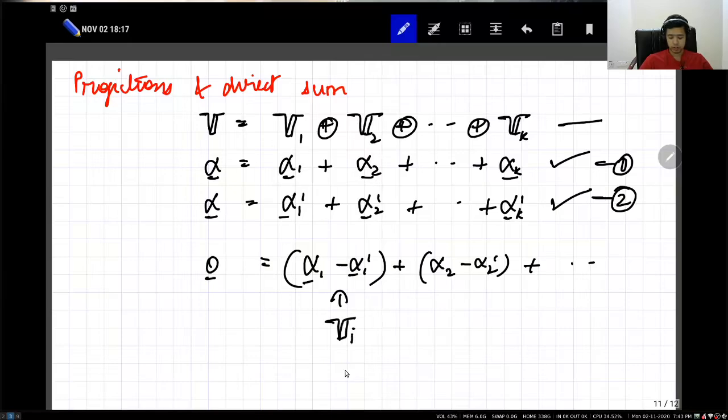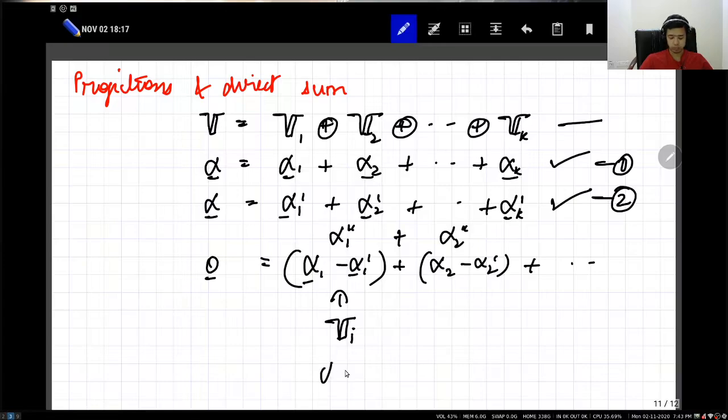So I have vectors alpha 1 double prime, alpha 2 double prime, and so on, not all of which are 0, which sum to the 0 vector, right? Here alpha 1 double prime is equal to alpha 1 minus alpha 1 prime, alpha 2 double prime is alpha 2 minus alpha 2 prime.